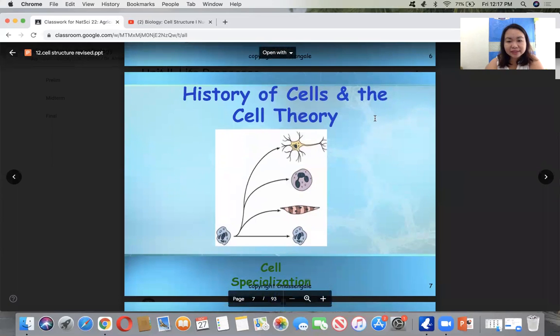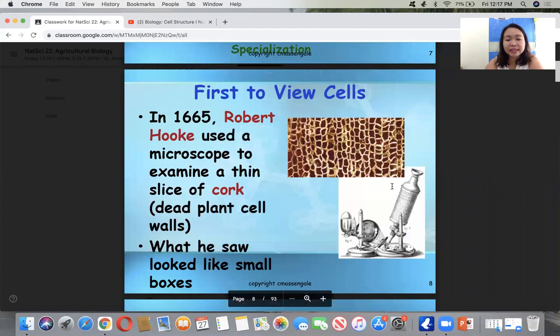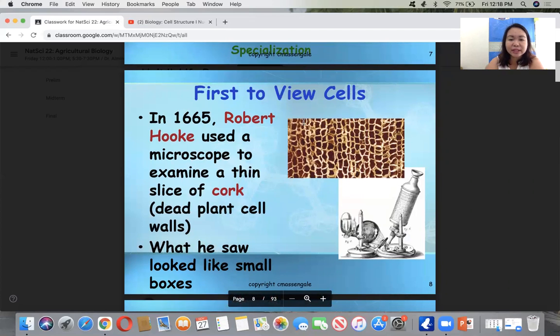History of cells and the cell theory. We would never learn about the advancement of the cell without the man who first viewed cells in 1665, Robert Hooke. I know you're very familiar with him. He used a microscope to examine a thin slice of cork, from dead plant cell walls.